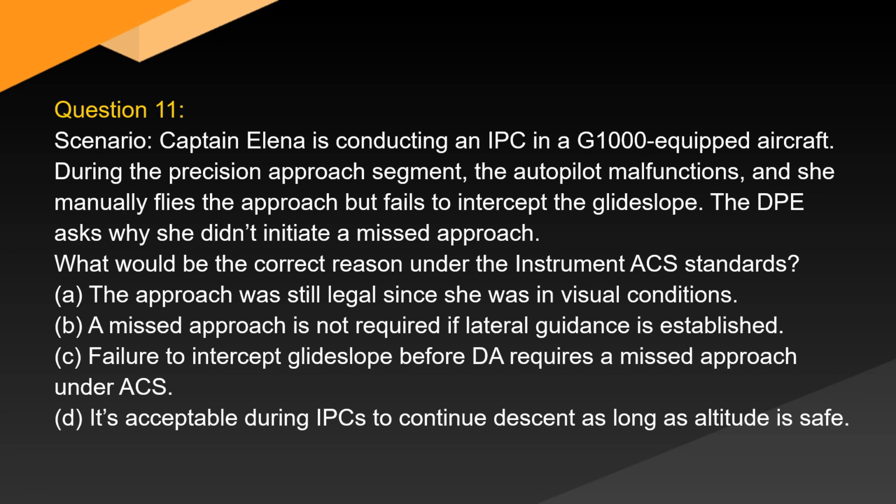A. The approach was still legal since she was in visual conditions. B. A missed approach is not required if lateral guidance is established. C. Failure to intercept glide slope before DA requires a missed approach under ACS. D. It's acceptable during IPCs to continue descent as long as altitude is safe.